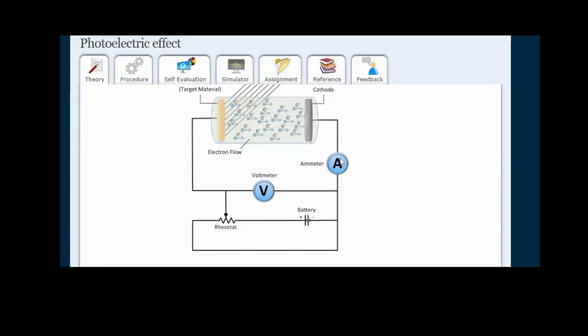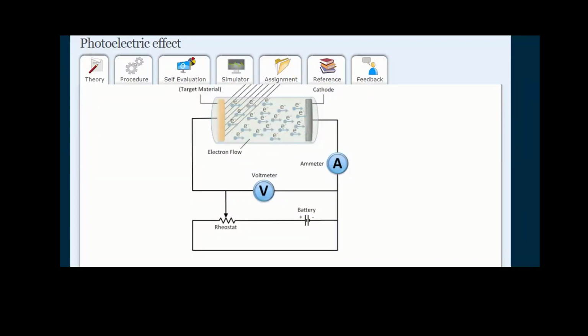As you keep increasing the reverse potential, the current becomes 0, and no electrons reach the cathode. This is the stopping potential. Stopping potential means the current is 0 because the electrons are now stopped; they are at rest.